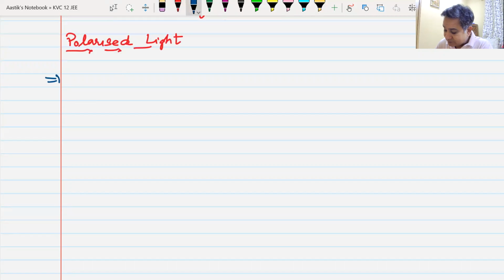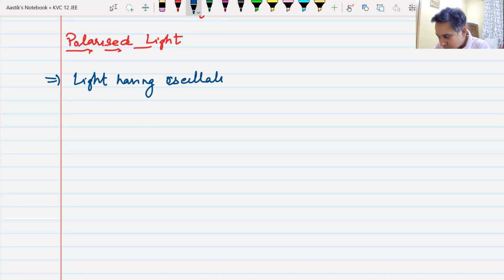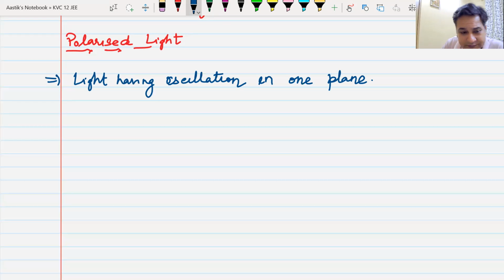Light having oscillations in only one direction, in one plane, or in one direction if you want to say. This type of light is known as plane polarized light.